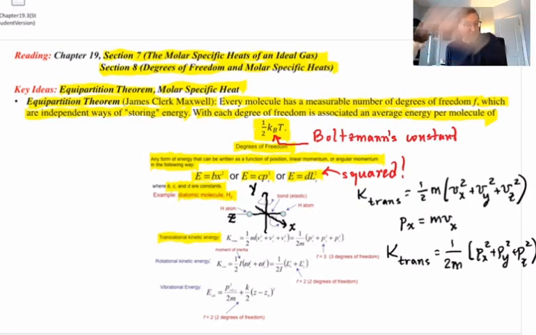Translation is what that means. Just the molecule, its center of mass, is zipping around inside the container. Note then that there are 1, 2, 3 quadratic squared terms. So for the translational kinetic energy we get 3 degrees of freedom. If that's all that was going on, then you would say F equals 3. There are 3 degrees of freedom from the translation of the molecule.